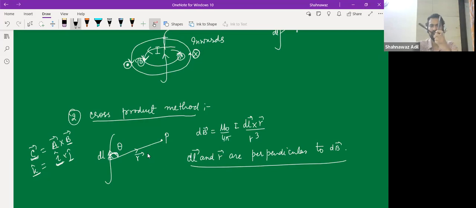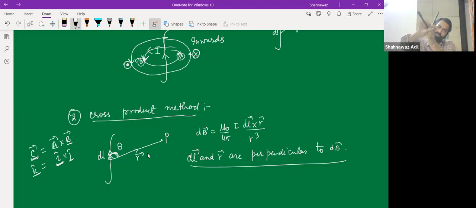So I have this r and I have this dl. Now I want to calculate the direction of dl cross r. So I put my palm in the direction of dl, and then I move to the direction of r.